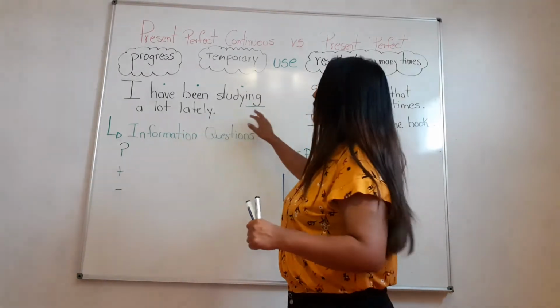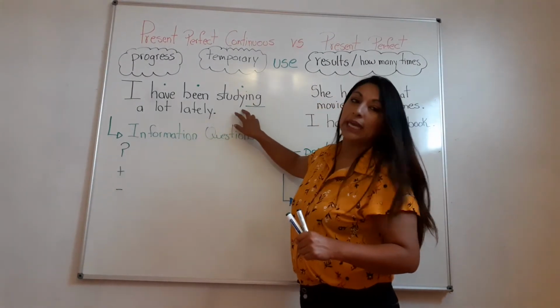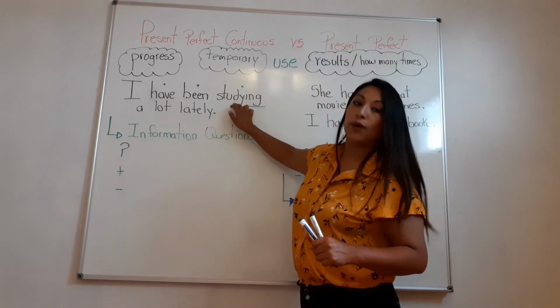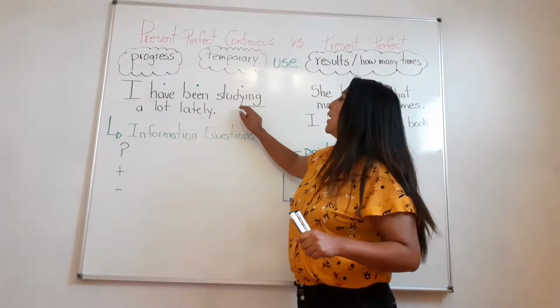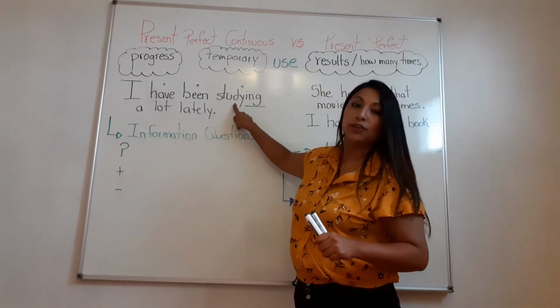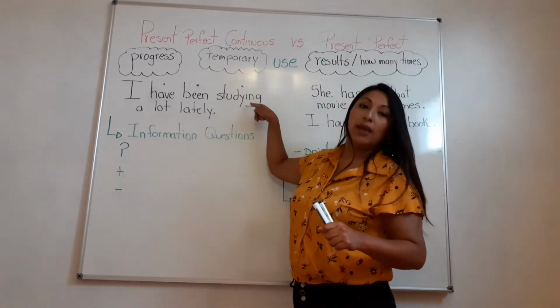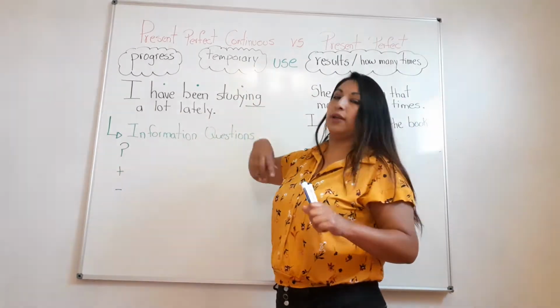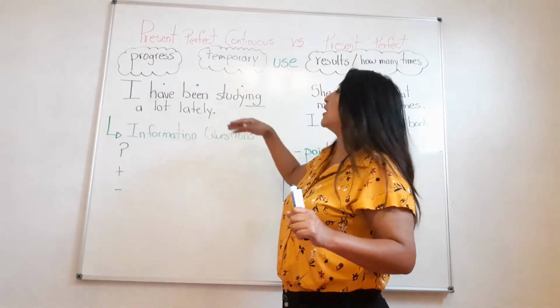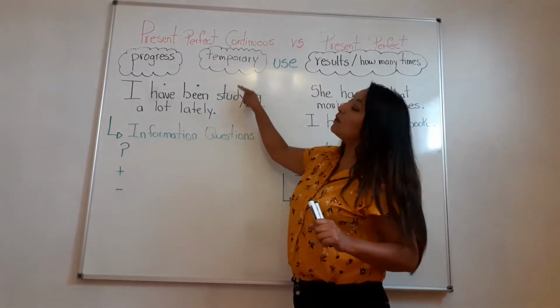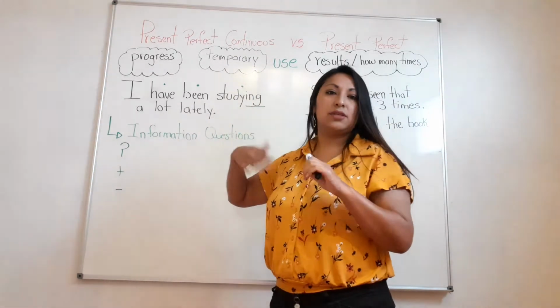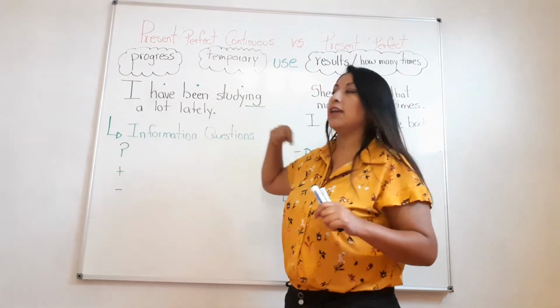And in this case, we have the verb study, we have Y, and before it we have a consonant. So it's not necessary to drop the Y and add something different. It's just in the case that you have Y and before it a vowel, that you drop the Y and add the ing.